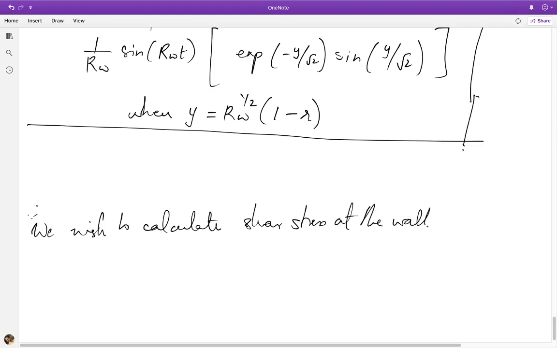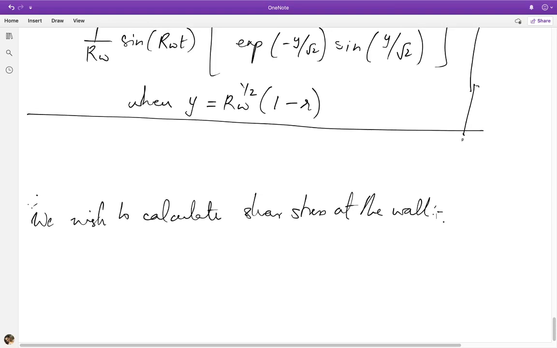By the way, for cardiovascular problems, the shear stress at the wall is an important parameter that one would like to compute because it is related to issues which are responsible for the formation of blood clots. And so it's an important thing that one would like to measure, or even compute through numerics or through fluid mechanical calculation. So let's say we wish to determine this.